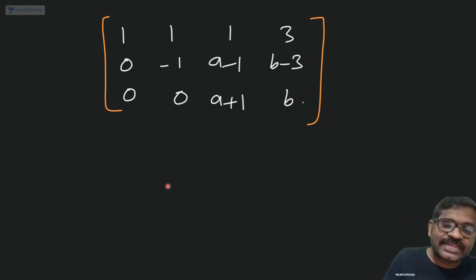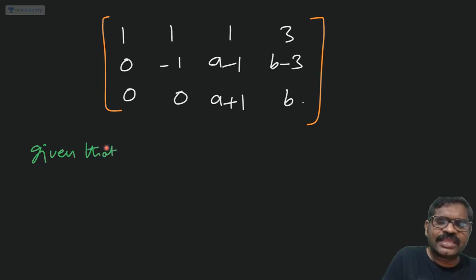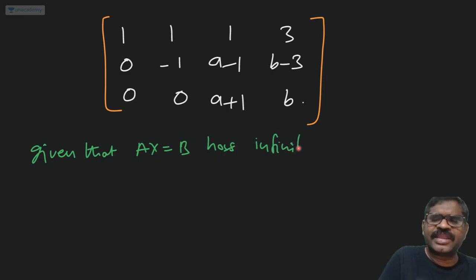Given that Ax equal to B has infinitely many solutions.